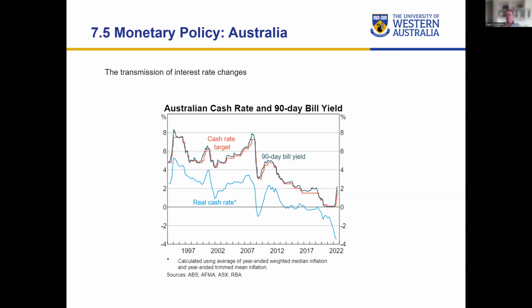And so if the bank only borrowed using this short-term debt and paying these short-term interest rates, then they would very easily be able to pass on almost one-for-one cash rate cuts to their customers in the form of a corresponding reduction in mortgage interest rates.